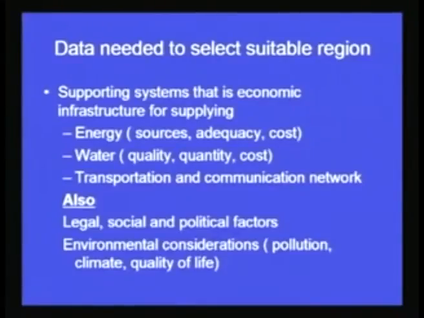So in this particular stage, when we have different candidate regions out of which we have to select the most optimal region, we require data of this particular type, which is going to help us in making a judicious selection.